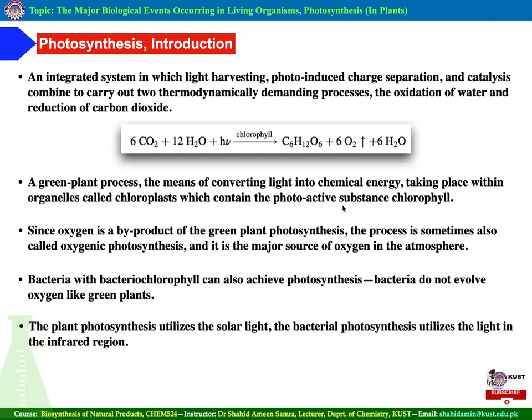The plant photosynthesis utilizes solar light, and out of the solar energy, the visible light region is absorbed by chlorophyll so as to carry out this process. But in case of bacterial photosynthesis, they utilize only the infrared region of the electromagnetic spectrum of solar energy.